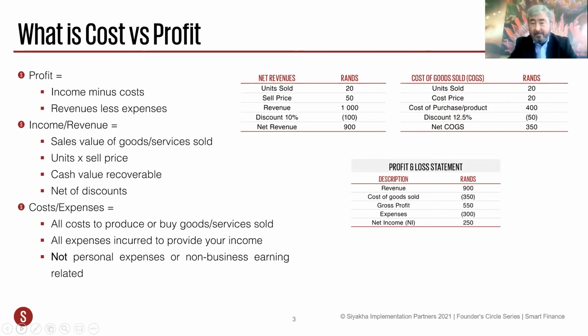But it's not necessarily every single cost in running your business. These are the ones that you can identify that are linked to servicing your customer. So anything associated with producing or buying and selling of goods, and then any expenses that provide your income, you would incur as part of your expenses.